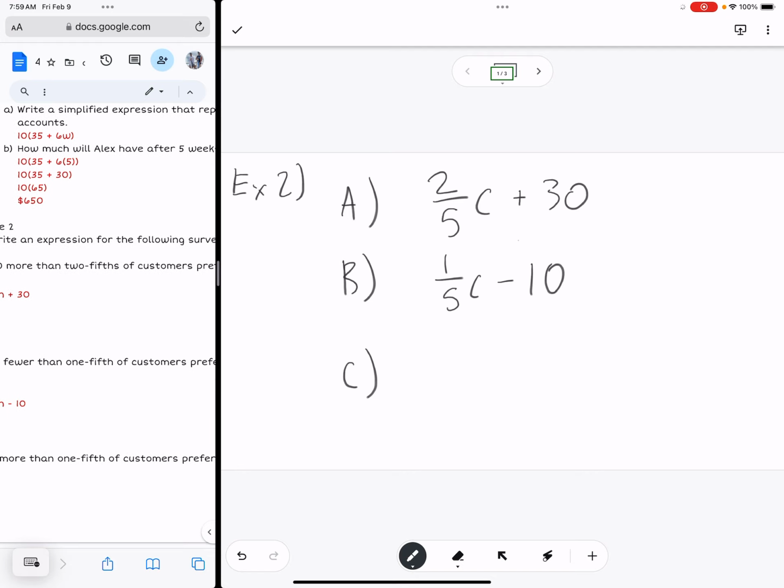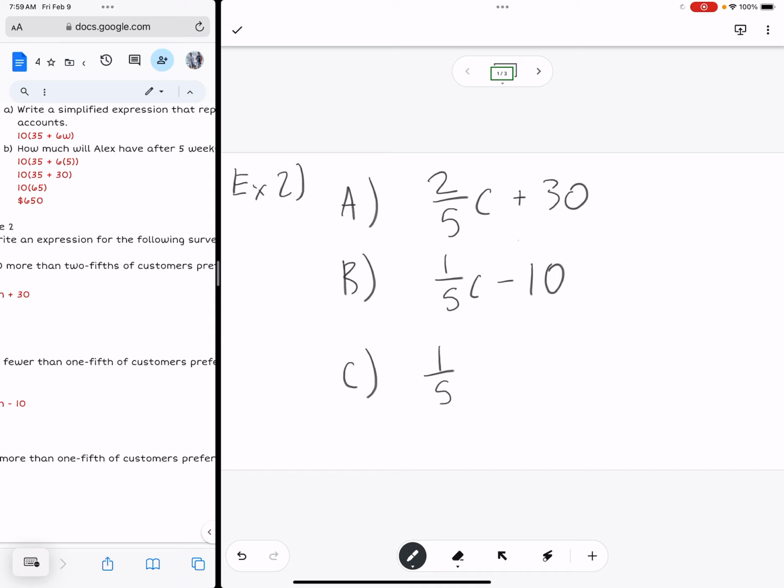Of. So of is associated with what two numbers or values? Not 5. So what two values are we multiplying?